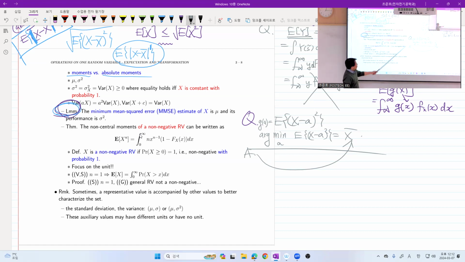Now, here goes a better known example. Let's consider conditional minimum mean squared error. We can do that, right? Now, what would be the argument? The argument that minimizes this quantity.